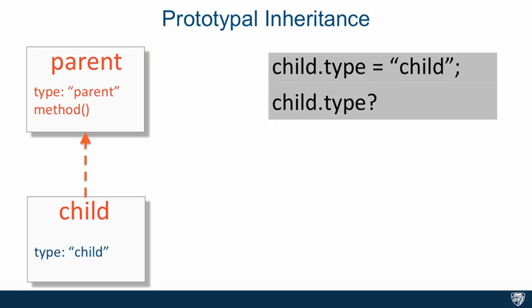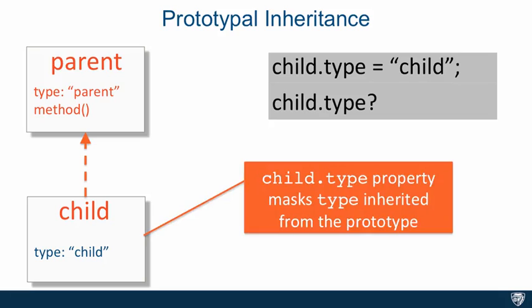What will happen is that since the child.type property actually masks the type that is inherited from the prototype of this object, which is the type property of the parent object, this will get evaluated and resolved immediately, which means it will not go looking up the prototype chain to the parent object. And therefore, in this case, child.type expression will get evaluated to the string child.